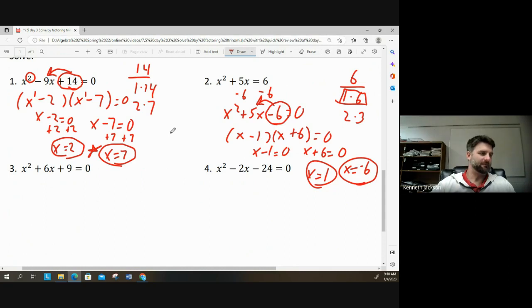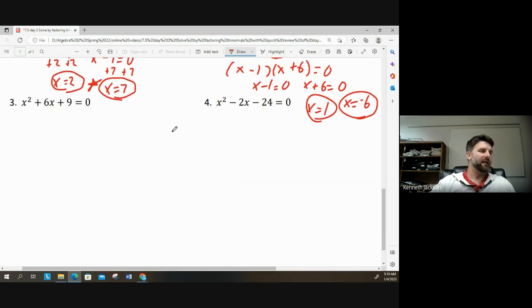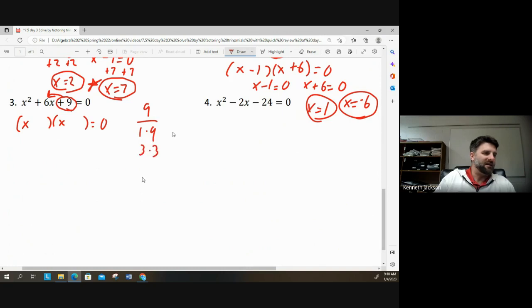I apologize. Down below on the last two examples, number 3, all the terms are on the same side, so I can make my two parentheses. And I'm looking for numbers that multiply to 9 and add to 6. Numbers that multiply to 9: 1 times 9, 3 times 3, and add to 6. So that'd be plus 3 plus 3.